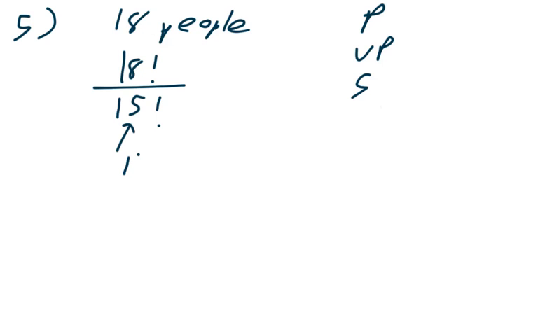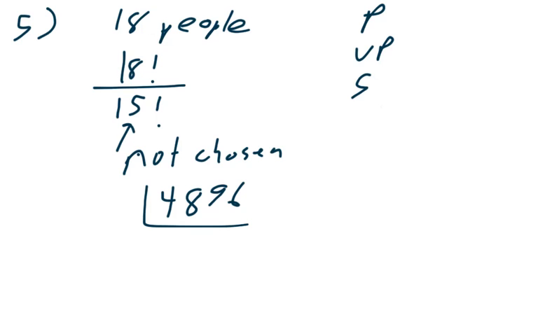This is the number not chosen. And so when I do this, I'm going to just divide by the one number, not divide by 2 numbers, and so there are 4,896 different ways that we can pick the president, vice president, and treasurer.